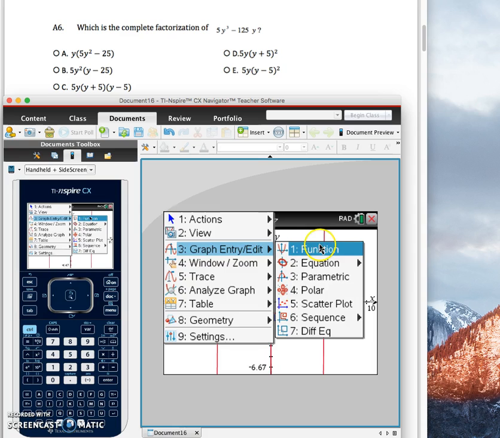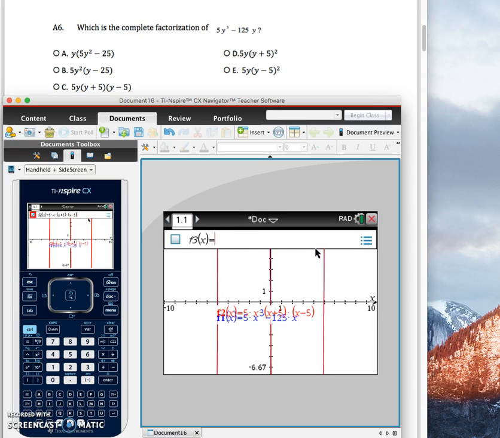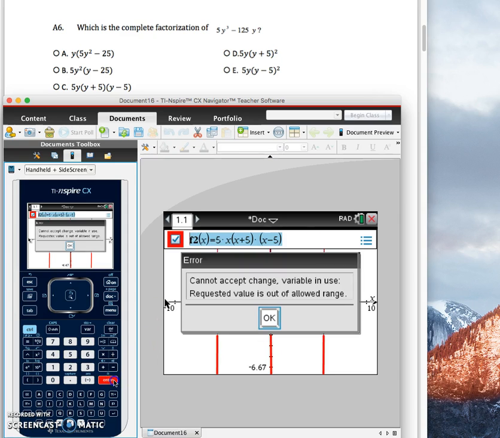We'll go to graph here under function, arrow back up. I'm going to retype all this. I just put 5x in, parentheses, x plus 5, close parentheses, open parentheses, x subtract 5, close. And then when we hit graph, notice we have an issue.